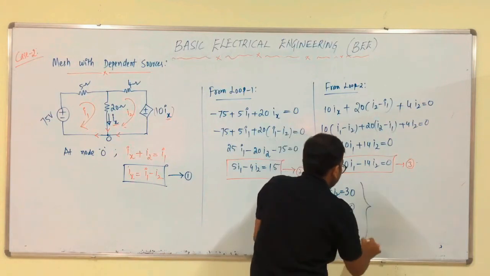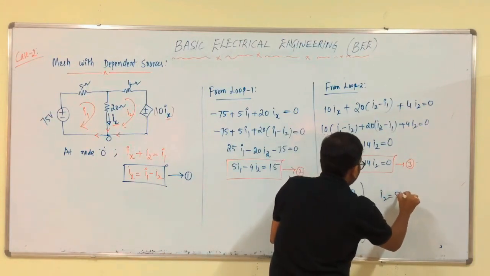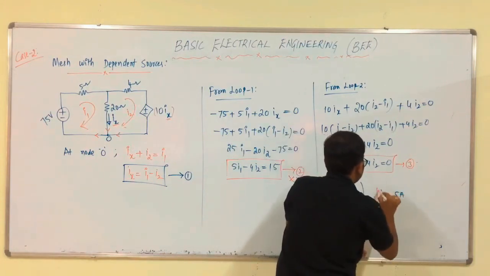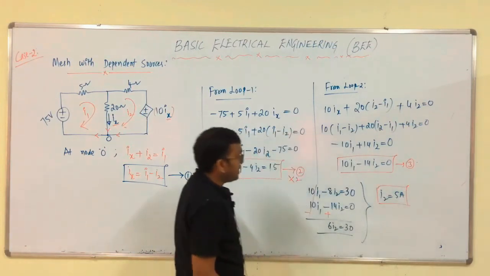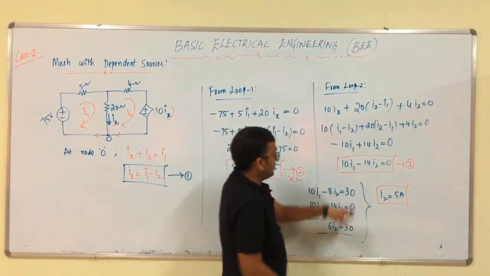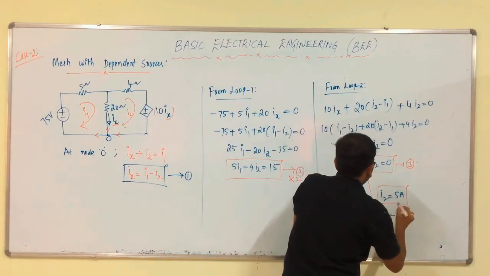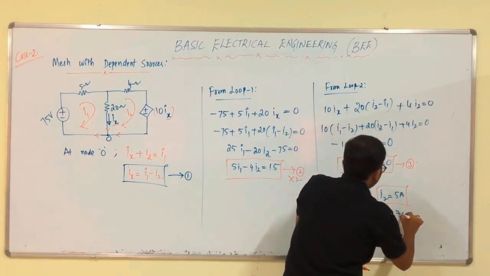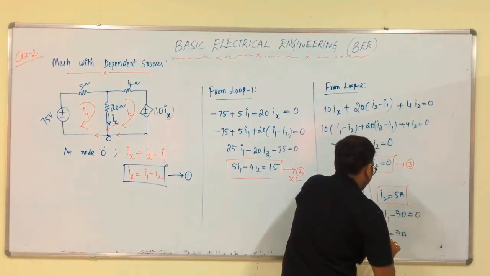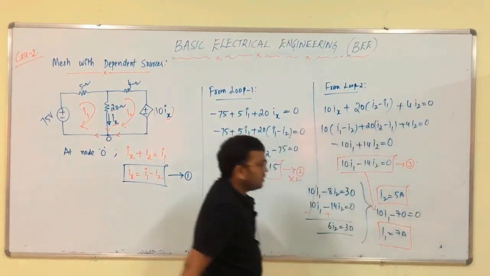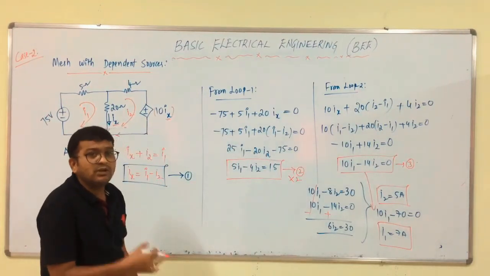From this I2 equals what? 5 amperes. I2 is 5 amperes, and then from this 10 I1 minus 14 into 5, 70, equals 0. So, I1 equals what? 7 amperes. So, I1 is 7 amperes, I2 is 5 amperes.